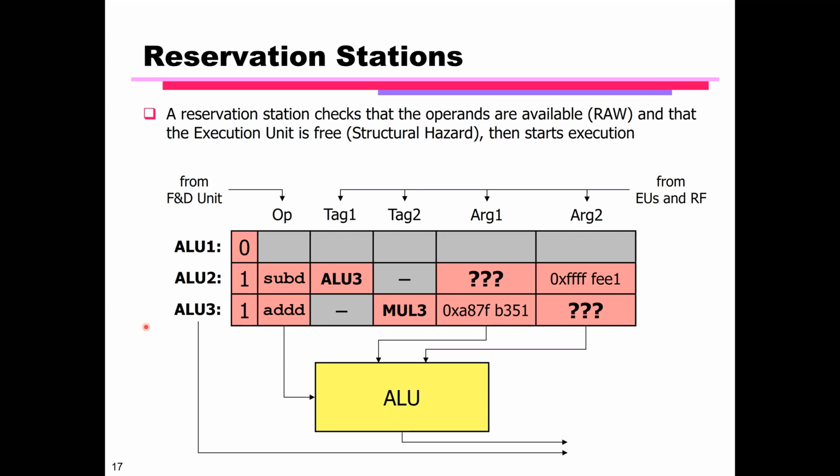Why is this a good idea? Because there can be only one instruction at a time in the machine occupying ALU3, and therefore it's non-ambiguous. We have to be careful if we are designing this machine exactly in this form as I'm describing.